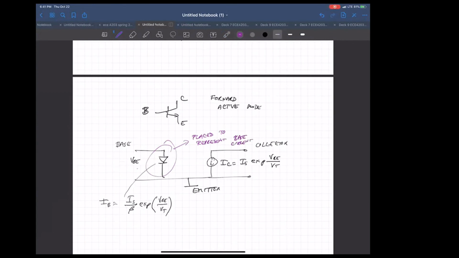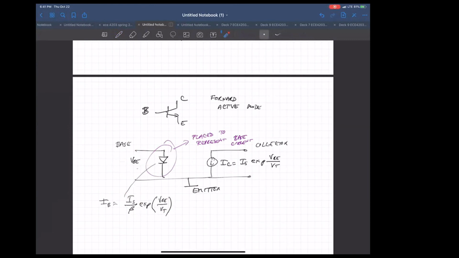So that way, when you have your device driving this transistor, it will see that it needs to produce this amount of base current, which is going to be beta times smaller than the collector current.